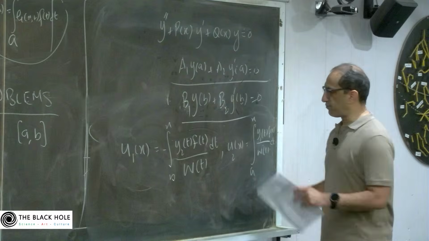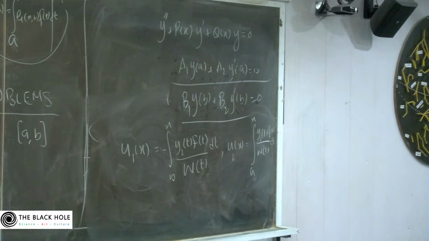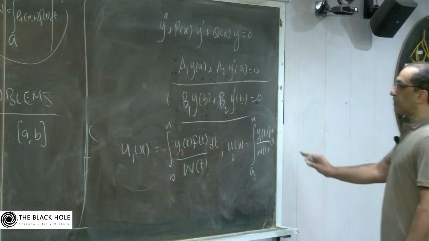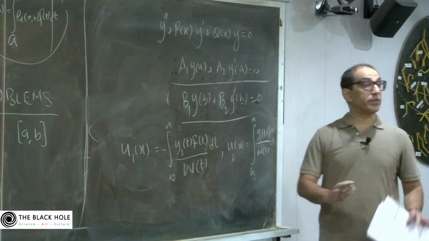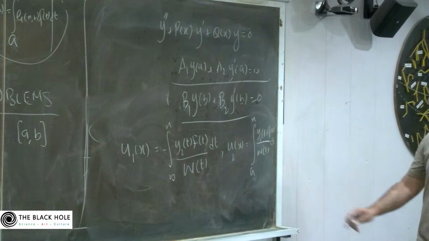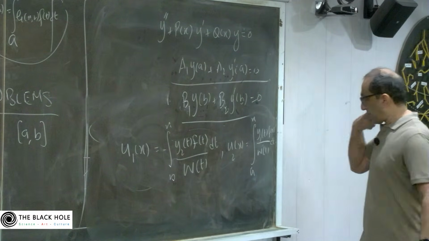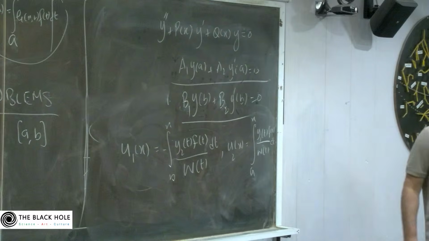We are not doing anything new. This is the same variation of parameters method. The only difference now is that you are not starting from x naught to x. Now you have b to x and a to x.